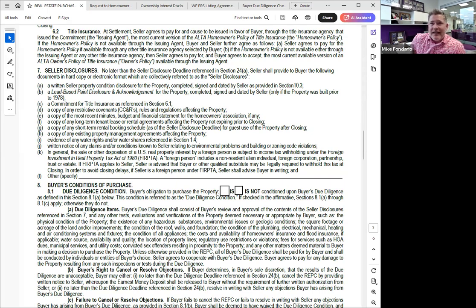A copy of any existing property management agreements, evidence of any water rights or shares referenced in section 1.4, written notice of any claims and or conditions known to seller relating to environmental problems and building or zoning code violations. And K, in general, the sale or, this is FIRPTA, I'm going to just skip over that. And I, other, is a catch-all.